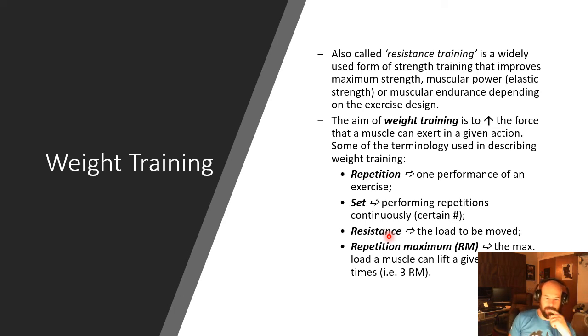So that's resistance. Then you've got repetition maximum, or RM, which is the maximum load that a muscle can lift in a given number of times. If I said to you, give me 1 RM, so 1 repetition maximum, I want you to lift the heaviest weight that you can possibly lift once. You shouldn't be able to lift it twice, or 3 or 4 times.